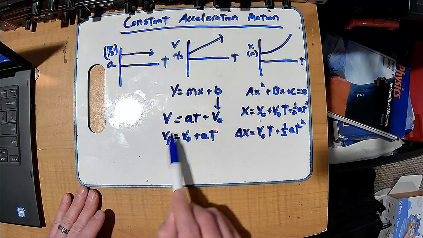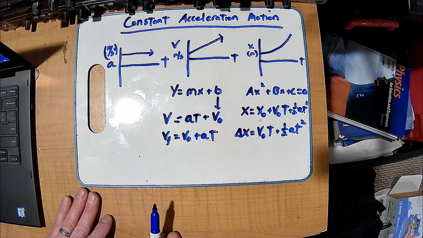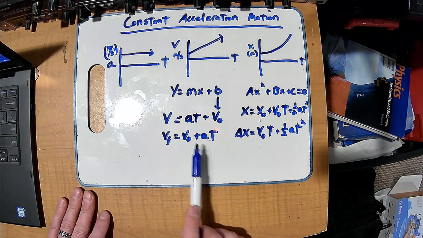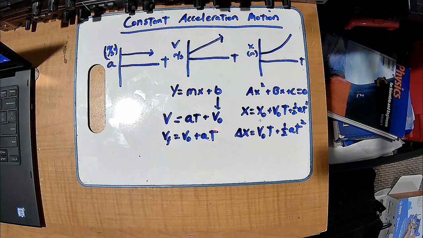The derivative of this function gives you a constant function, or you could integrate and work backwards. So the integral of this gives you that, and the integral of this gives you that. Again, you don't need to know calculus to be able to do AP Physics 1, but having that knowledge certainly is not going to detract from your understanding.